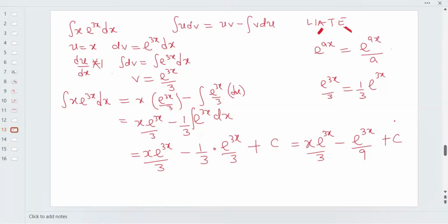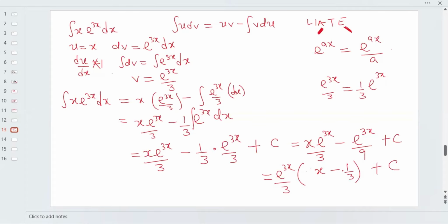Of course, you can do your normal factorization. I bring out exponential 3x over 3, and I'm left with x minus 1 over 3, plus c.